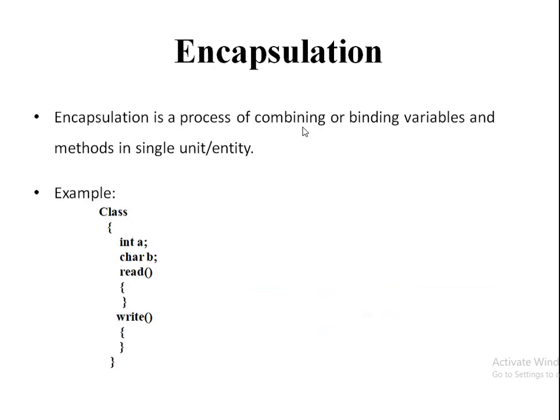Next, encapsulation. Encapsulation is a process of combining or binding the variables and methods in a single unit or entity. It means we can write a class. A class includes variables like int a, char b, and also it includes methods like read and write.